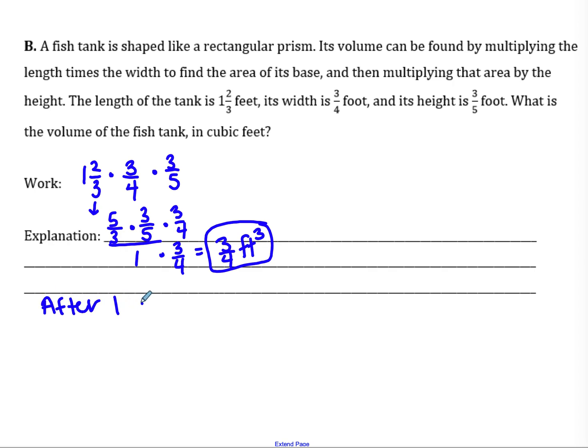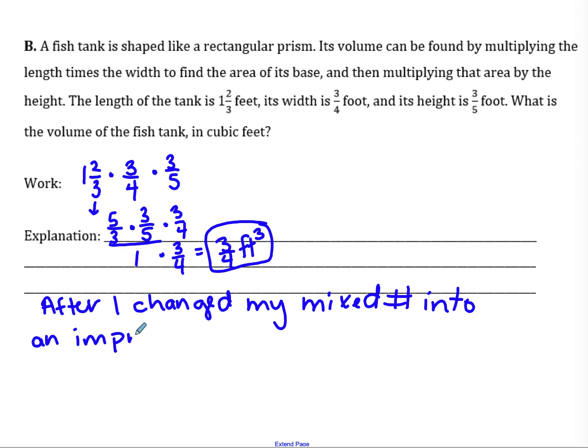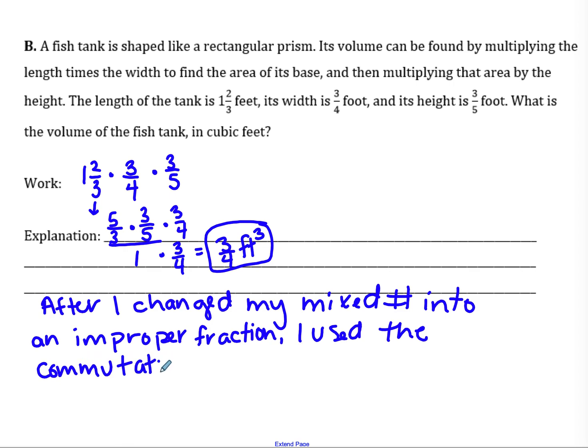After I changed my mixed number into an improper fraction, I used the commutative property to put my inverses next to each other.